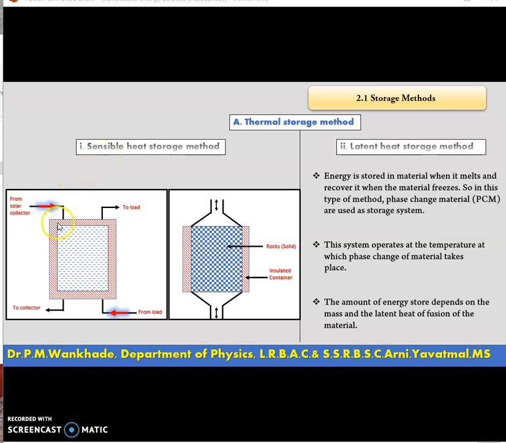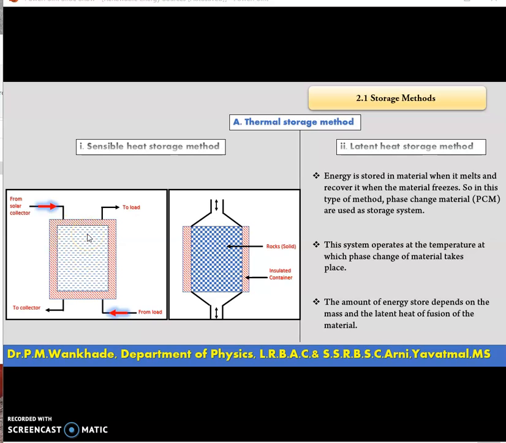In the insulated container, the red one, liquid or solid is used as a storage system. A liquid storage medium such as water, oil, molten salt or other acts as a medium for absorbing heat, which is stored in this insulated container.